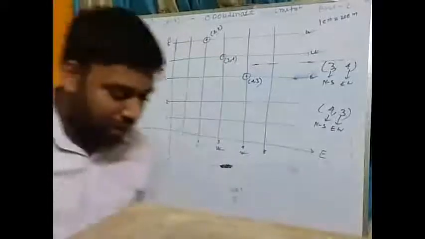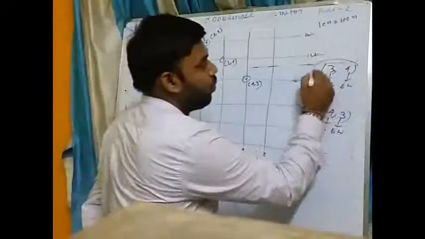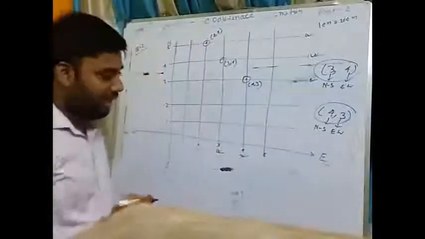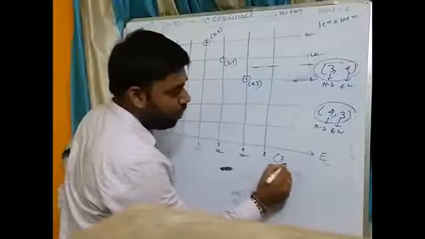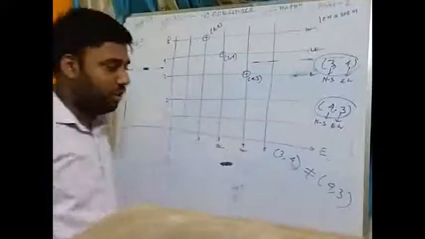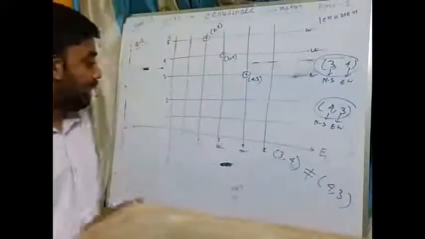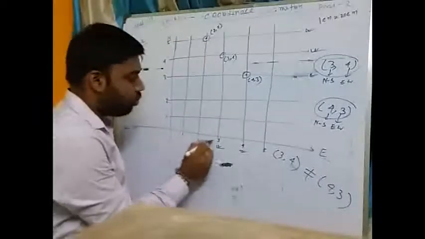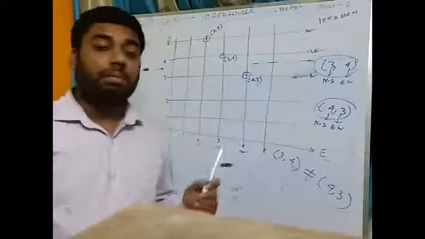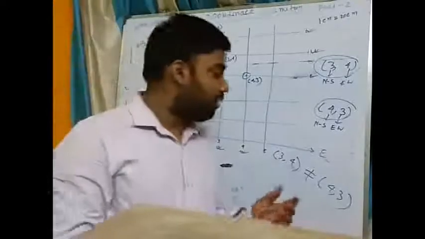So 3,4 is only one cross street, and 4,3 is another. We can conclude that in coordinate geometry 3,4 is not equal to 4,3. These two are not equal. In this way we have solved this question. Remember that all the distances 1, 2, 3, 4 are equal, and whenever you solve this question, please take the help of graph paper.